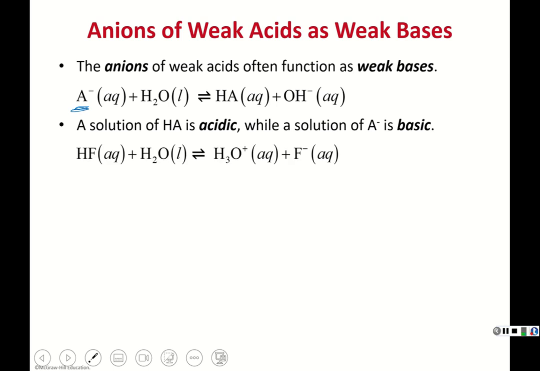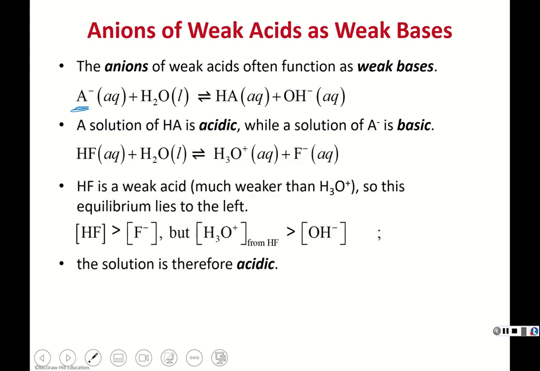The other example here is we have HF. HF is a weak acid and can partly dissociate into F minus in solution. It's much weaker of an acid than H3O plus is. So this equilibrium actually lies to the left.